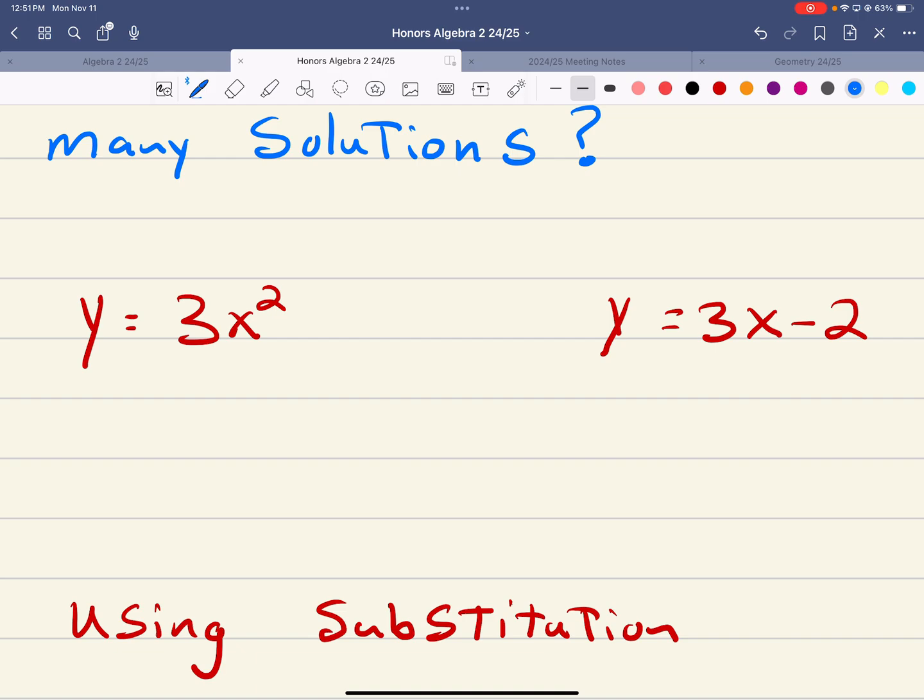We have y is equal to 3x squared, and y is equal to 3x minus 2. Remember, when you're using Desmos, once you open it up, use their keypad, don't use yours. It's on the lower left-hand side. It's much easier to use their keypad than to use yours. So again, find the number of solutions that they have.